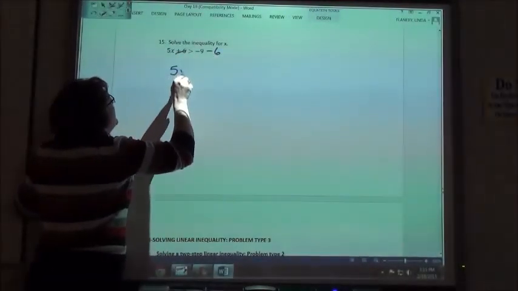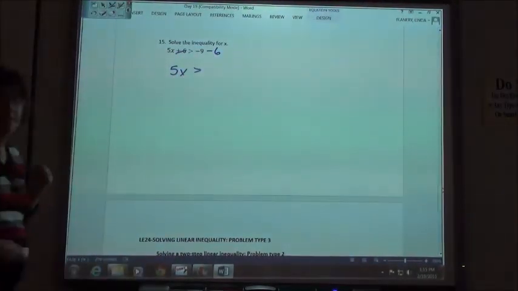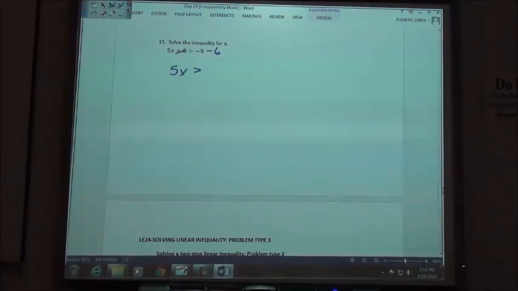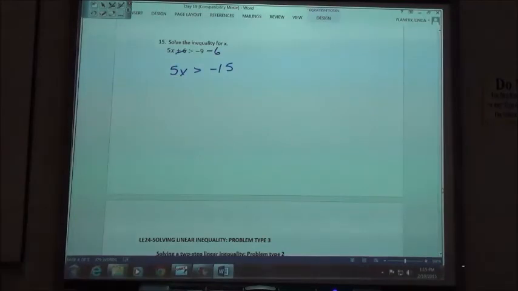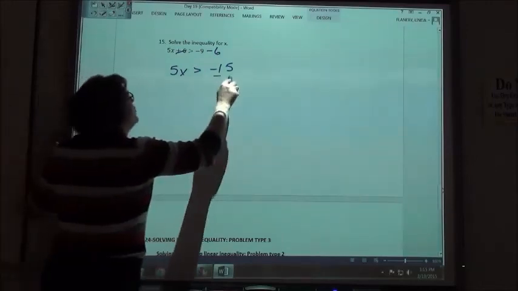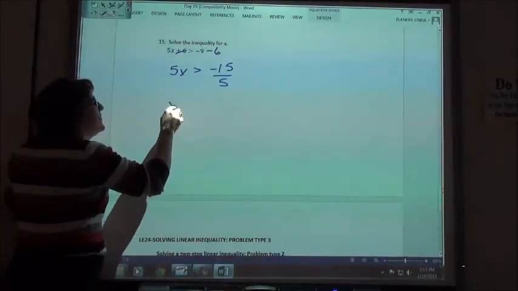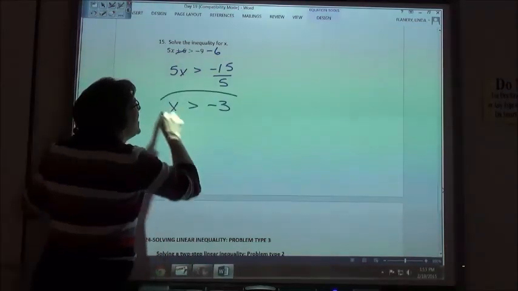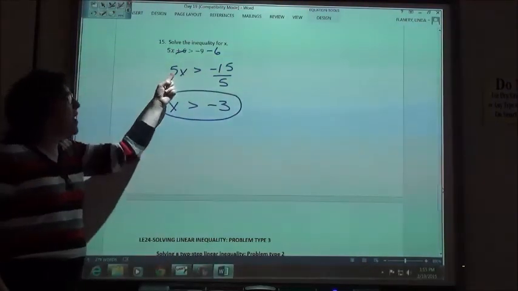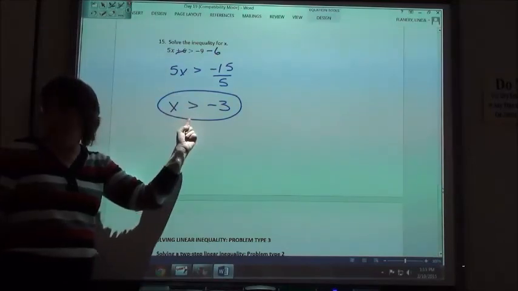So 5x is greater than negative 15. And then in order to solve that, divide by 5. So what should my answer be? X is greater than negative 3. Again, this was positive, so my sign stayed the same way.